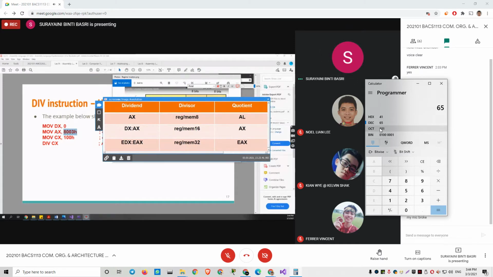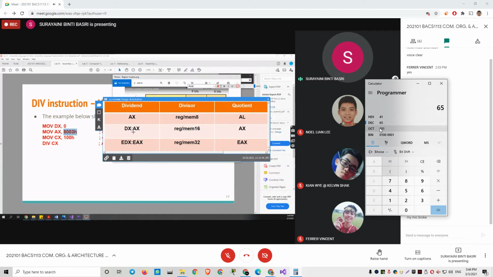It is specified that when you do division, the dividend must be stored in this value based on whatever number you want to divide. The dividend must be larger than the value of your divisor, because you want to divide something with something smaller.